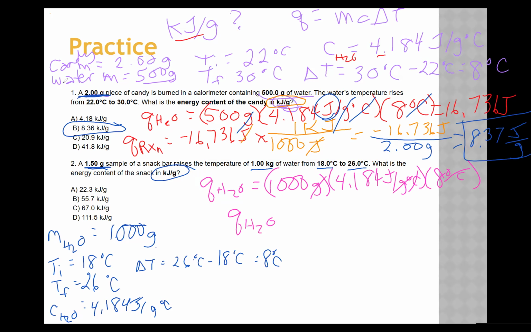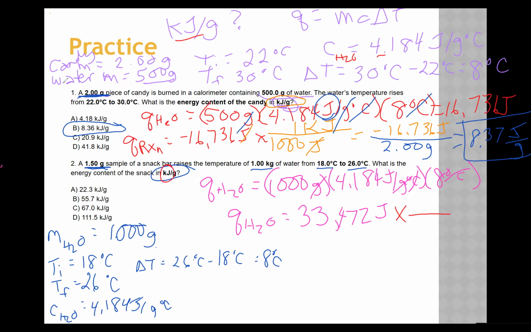So my Q heat of water is 1,000 times 4.184 times 8, which gives us 33,472 joules, but we want to change those joules into kilojoules.